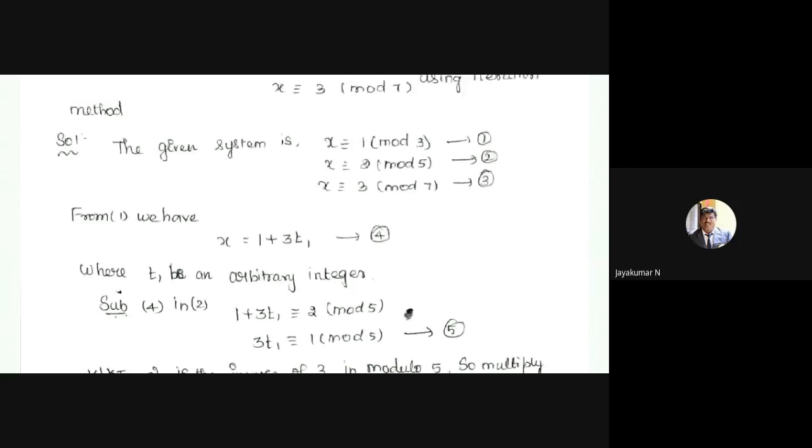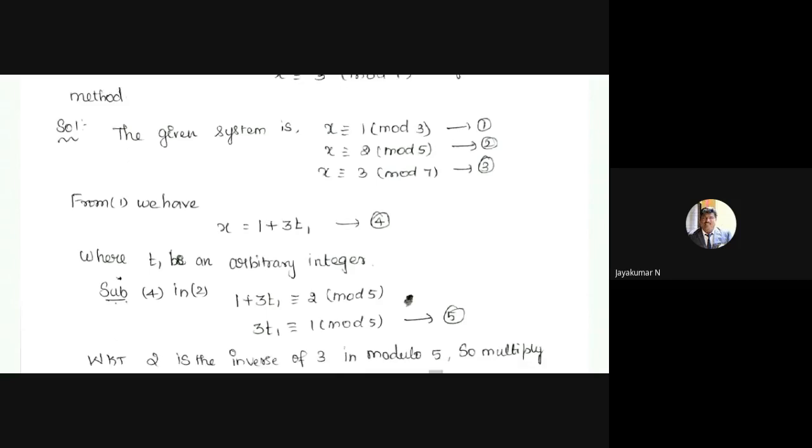Now we are going to find the inverse of 3 under mod 5. By using the trial and error method, put t1 is equal to 1. 3 into 1 is 3, which is less than the mod value, so 5 does not divide 3.